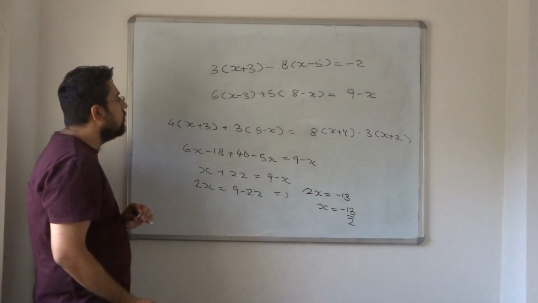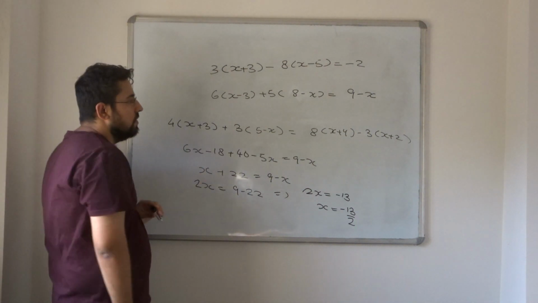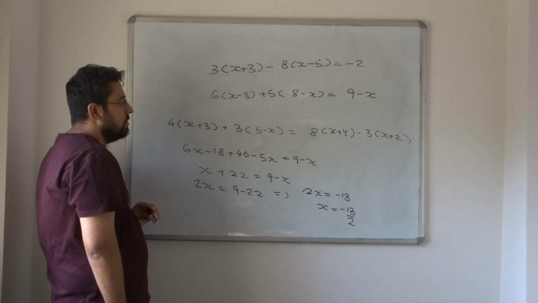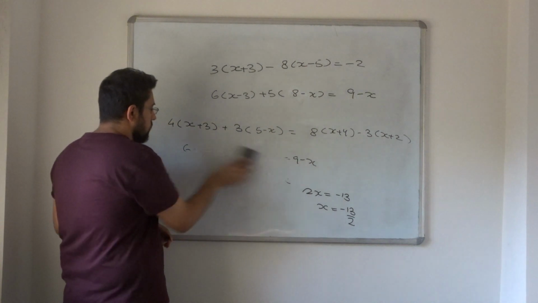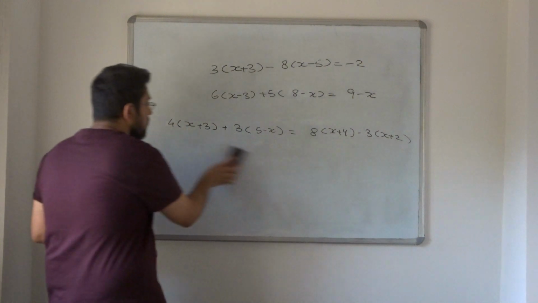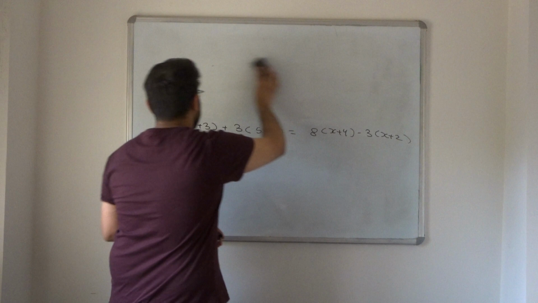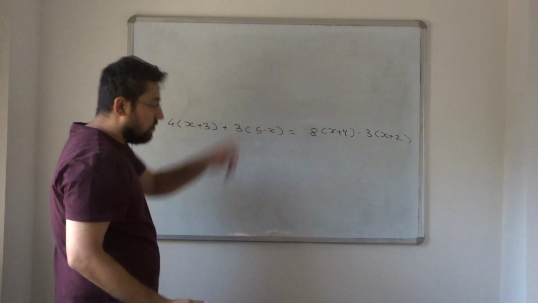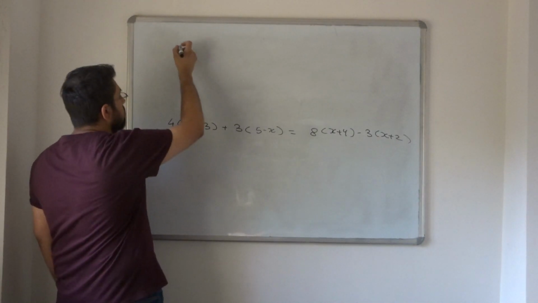Okay, so now we're going to solve this one. This is a mammoth one, I know, but it's not that hard. Let's do it now. I've got the whole board to solve this one, and that's a good idea. Let's just leave this question in the center, and we'll solve it up here. It's easy. The first thing you want to do is expand the brackets.